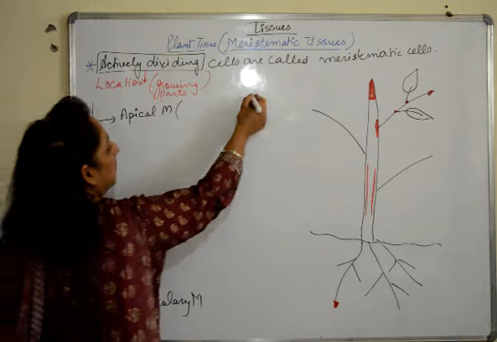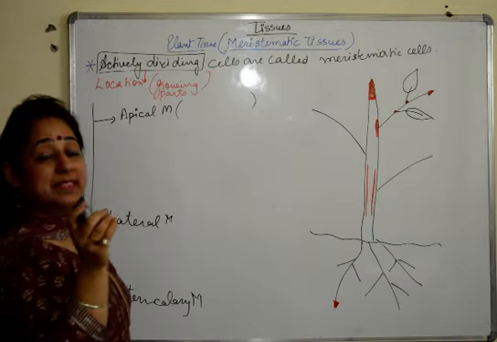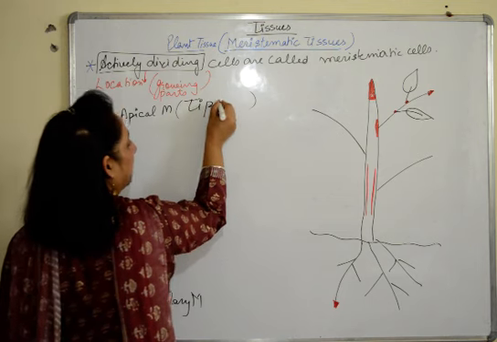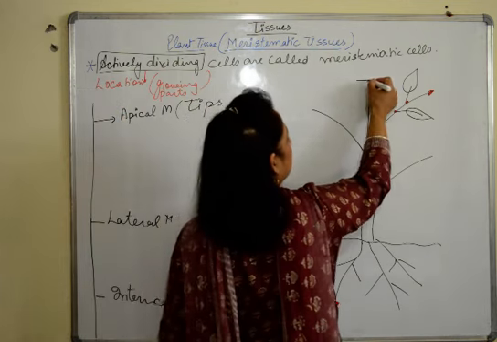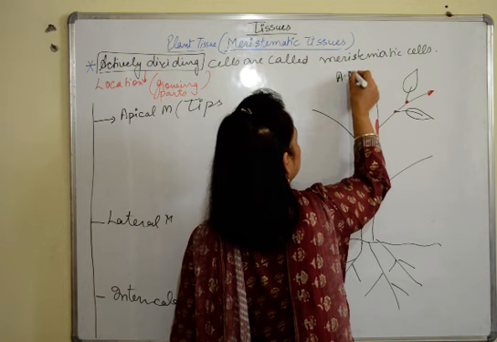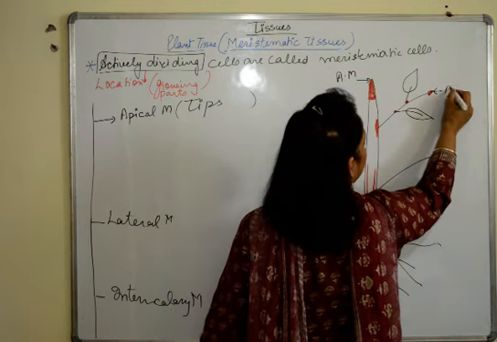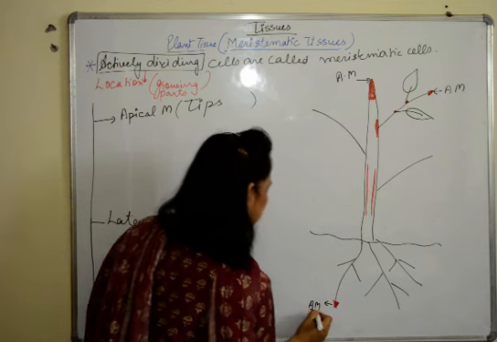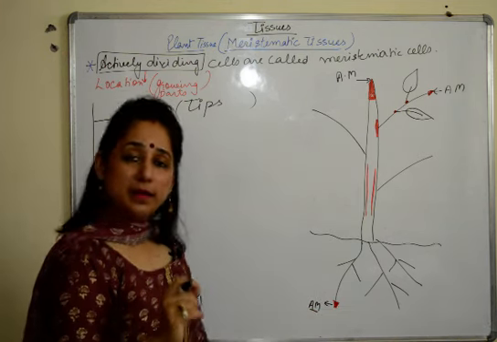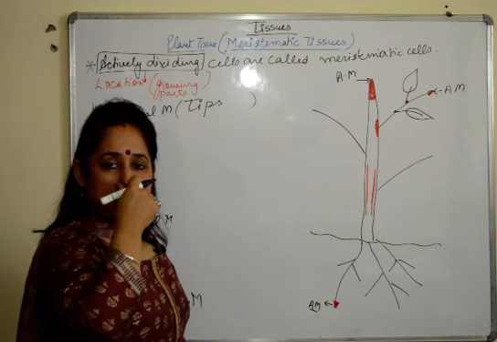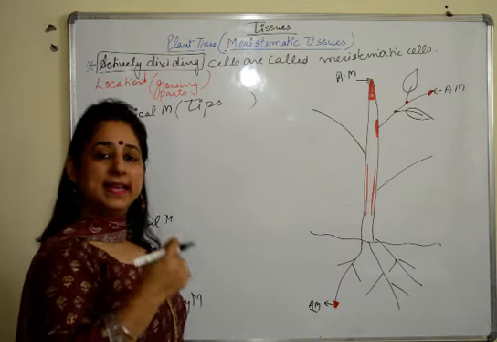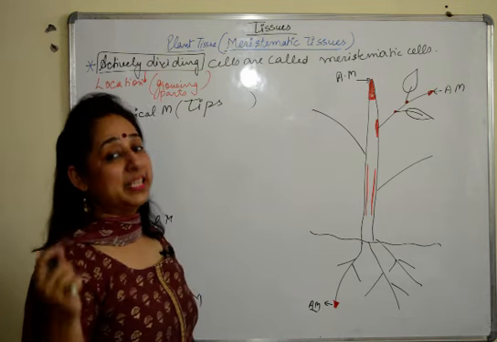Apical meristem: apex means tips, present on the tips. So this is apical meristem, this is apical meristem, this is apical meristem. Wherever the tips are there in a plant, the plant tissue which is present there is apical meristematic tissue.